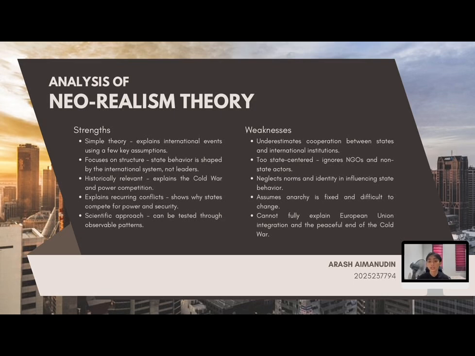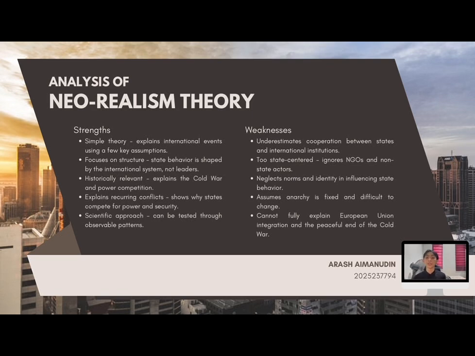Furthermore, neorealism pays less attention to norms, identity, culture, and ideas that may influence state behavior. Lastly, the theory struggles to explain major developments such as European Union integration and the peaceful end of the Cold War.